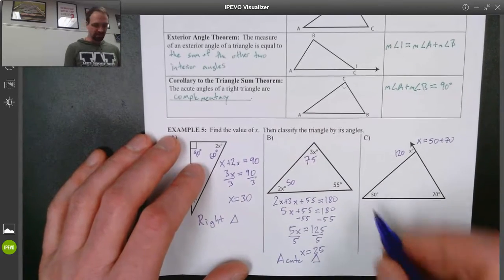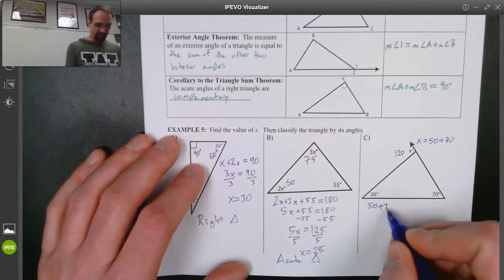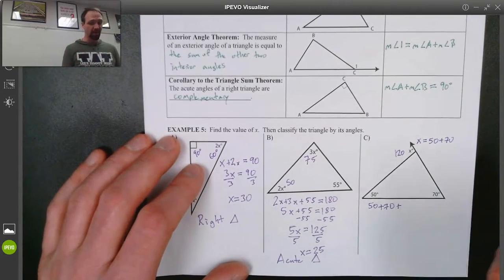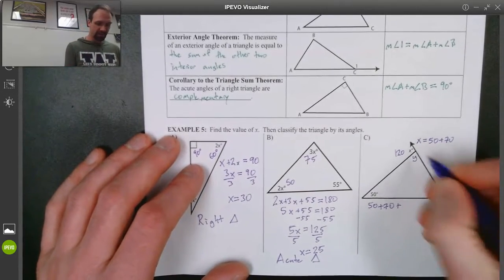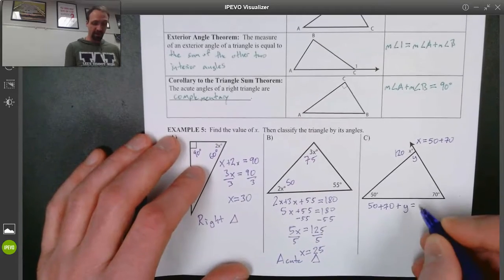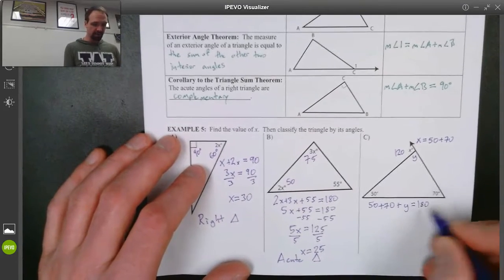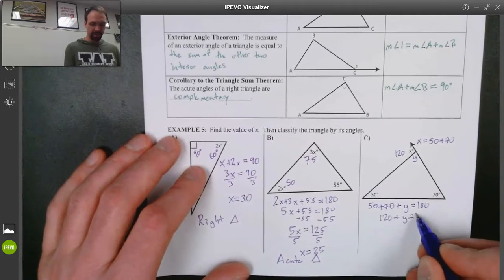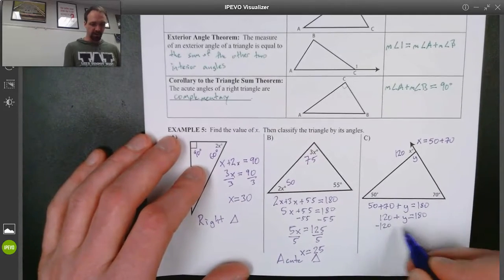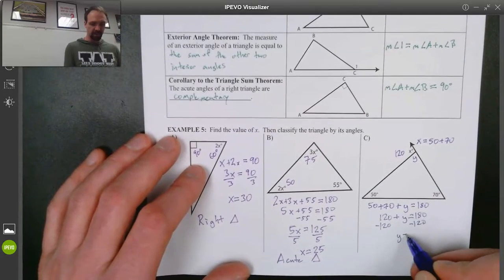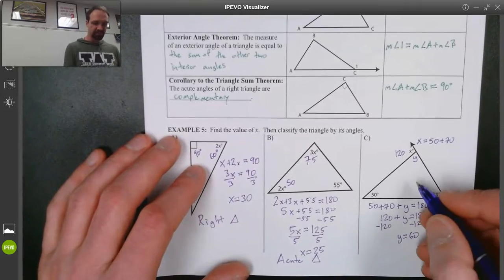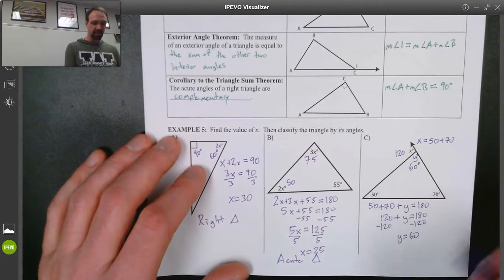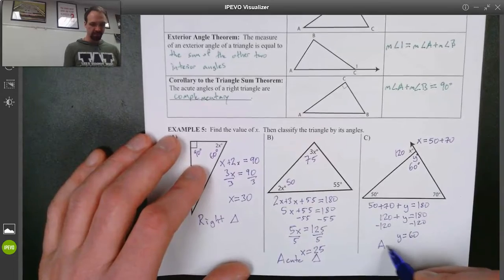To get that, you could just do 50 plus 70 plus some unknown amount. I don't want to use x because I already have the variable x there. y equals 180. So we know that that's 120. If I subtract 120 off both sides, I get y equals 60. So this is 60 degrees, so that means that that's acute as well.